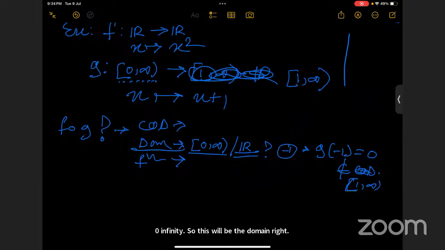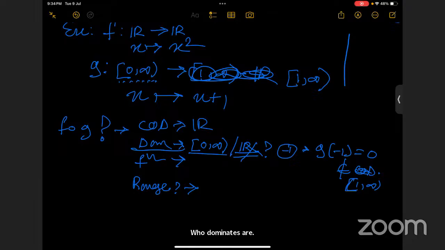Can you explain again? Okay, so what is the codomain? And also say what is the range? Codomain of g is the real line, right? Codomain is R. And what is the range? Range 1 to infinity, or 0 to infinity?